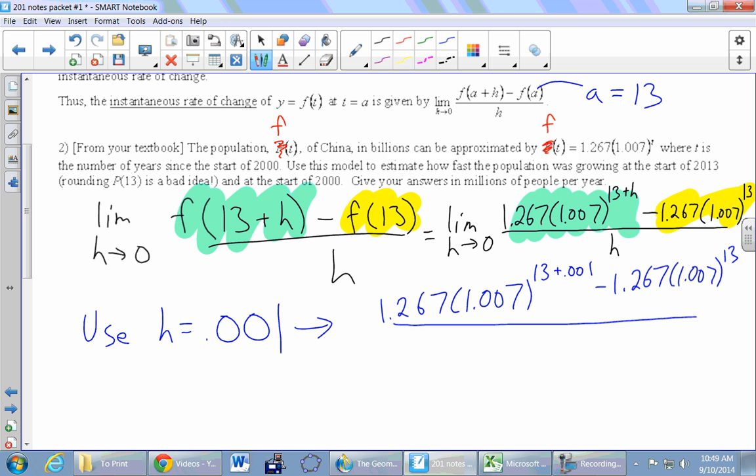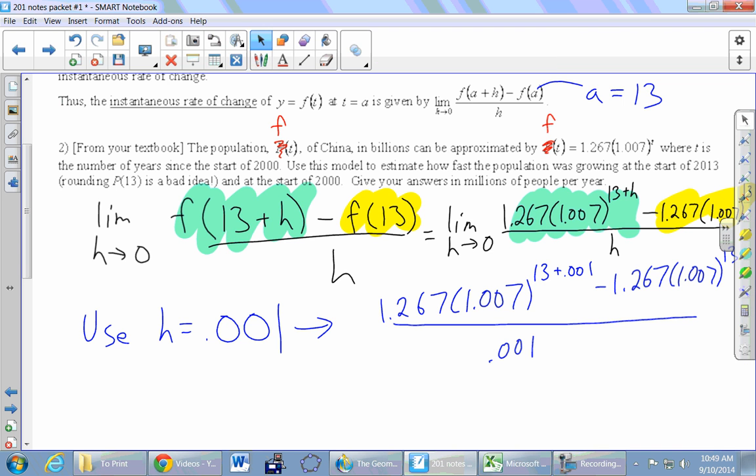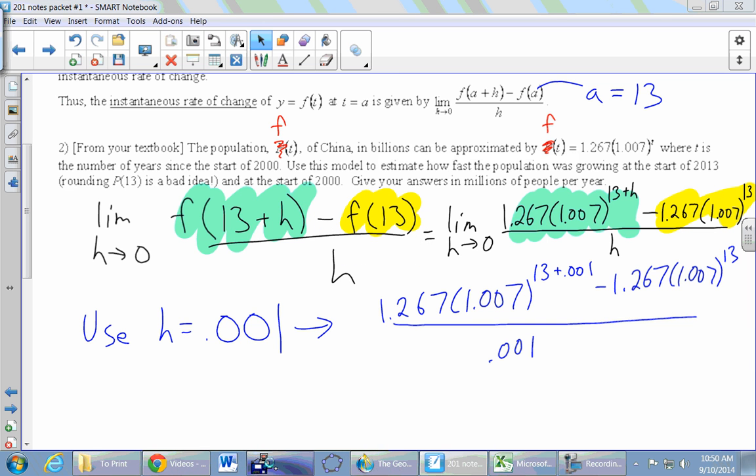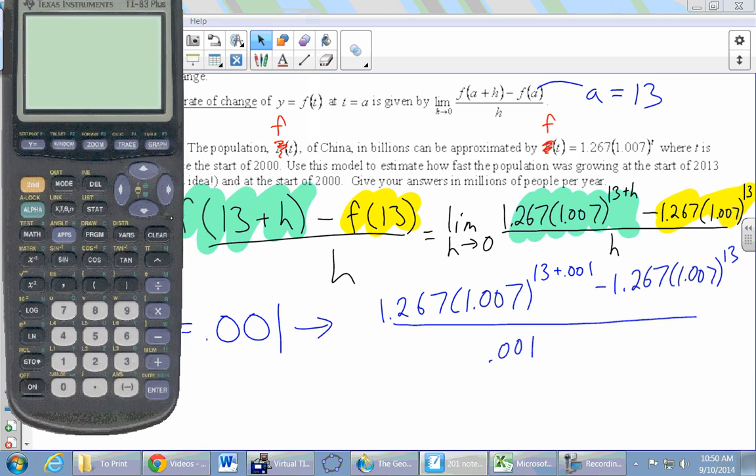What do we put in the bottom? 0.001. That's it. And that's just a big old calculation, right? It's all numbers. So we'll use our calculator, we'll do the arithmetic, and we'll have our answer. So typing it in isn't going to be the hard part, but the setup was the hard part. Any questions about that setup?